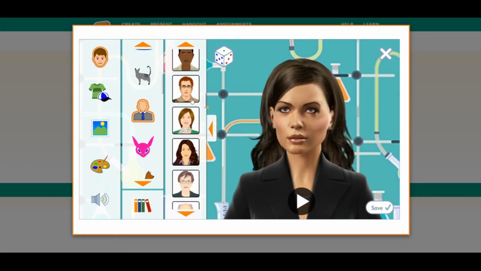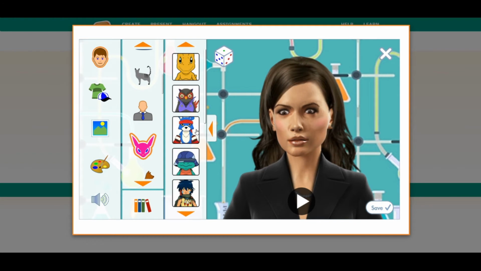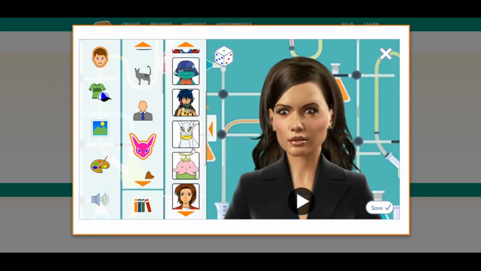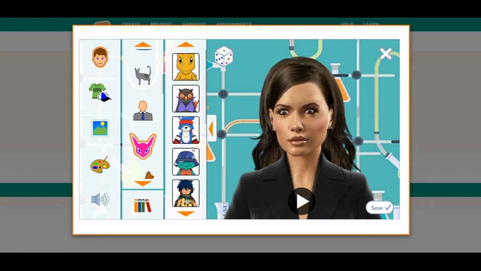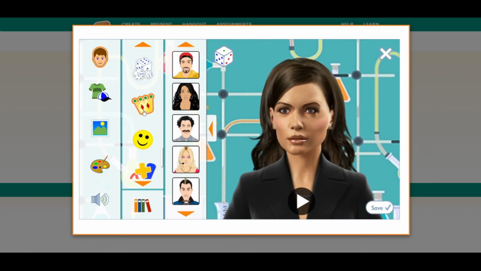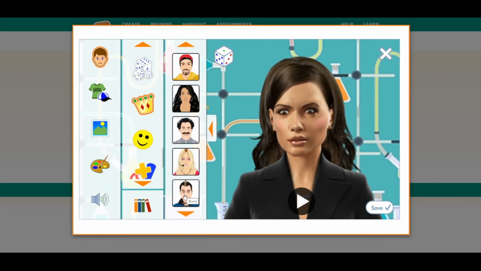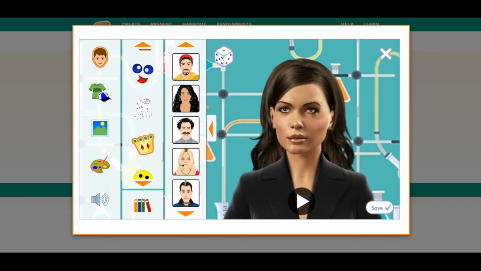Just regular people. Even have Digimon characters. I don't know if y'all know what Digimon is, but it was really, really cool back in the day when I was a kid, so that's really neat. But you have all sorts of things. You can even do celebrities. You've got Bruno, Britney Spears, Borat, Alicia Keys.